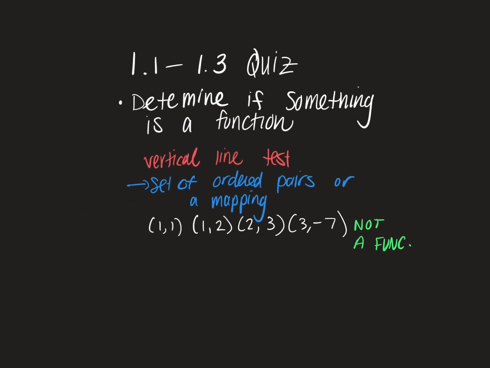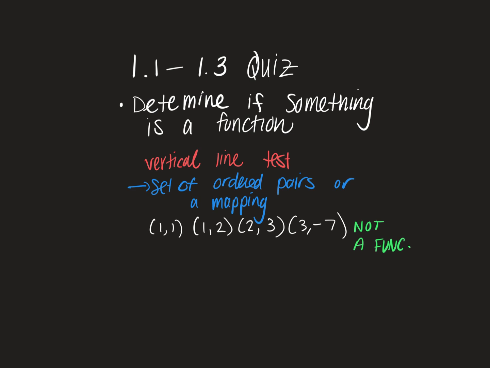So in mapping form, that same thing would look like this. The first one was ordered pairs. This is a mapping.